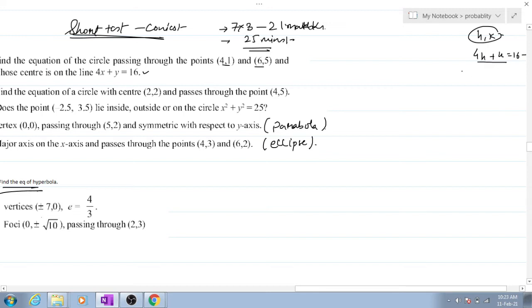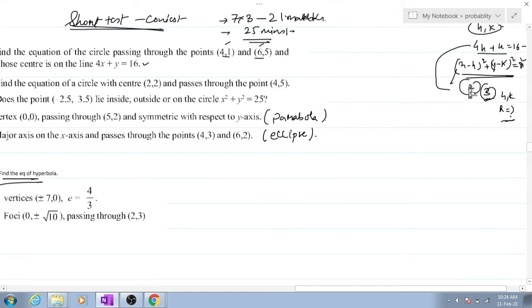Then you'll substitute the values of the points in the standard equation for the circle, equals r square. We'll be getting 2 equations from here. Then you'll solve all of these 3 equations to get the values for h, k and r. Clear?